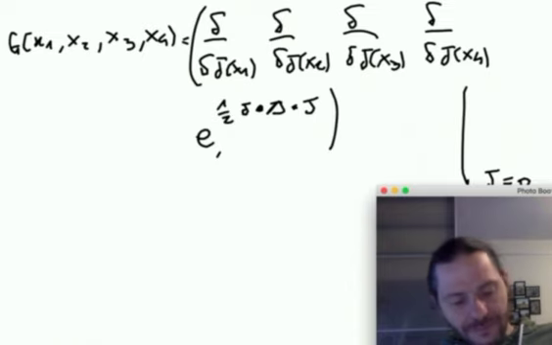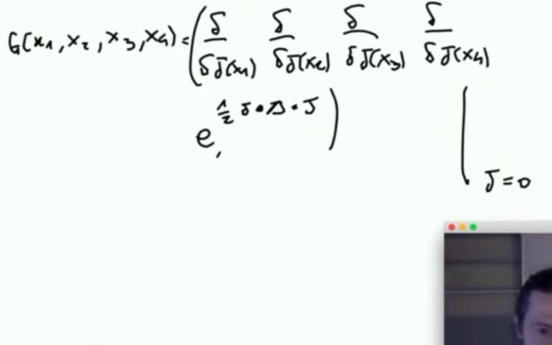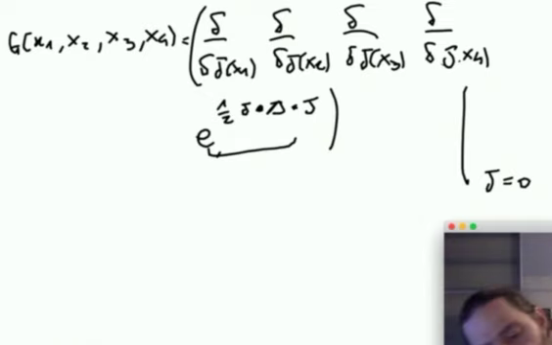Now, let's look at what happens. I have 4 functional derivatives. When these 4 functional derivatives act on this exponent, they will drop a factor j. Now, when the second derivative acts, I have 2 options.